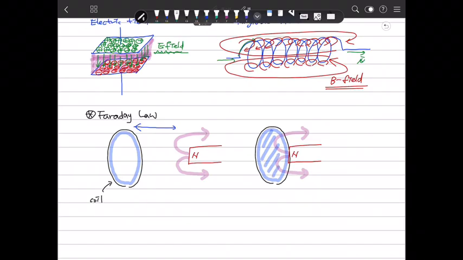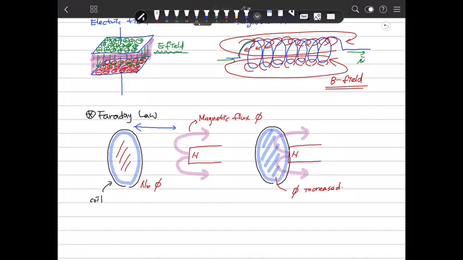We call this magnetic field a flux, the magnetic flux, denoted by phi. In this instant, in the air, there is no flux. But when the magnet moves here, the flux increases.